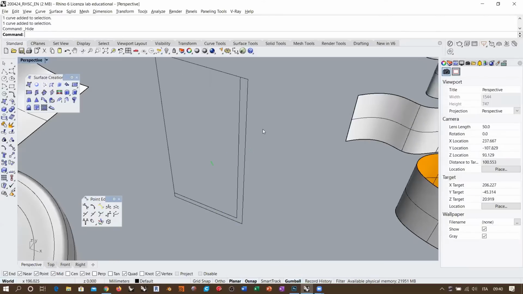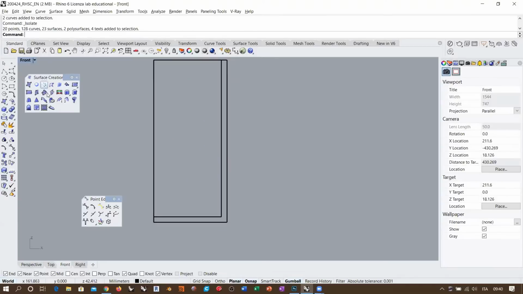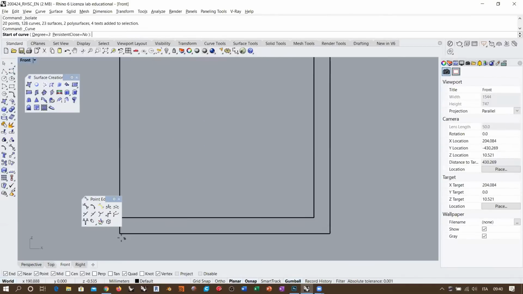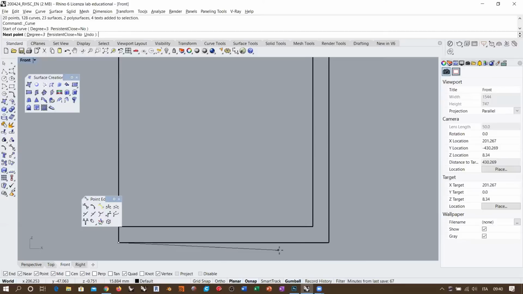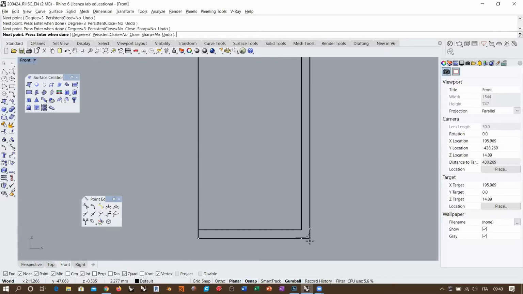So in this case, I'm going to get rid of all the rest of the geometry. I go into the front viewport and draw a NURBS curve inside this area. Now I'm going to simplify things a little, so I only need a control point before the vertex, another one here, and another one here.